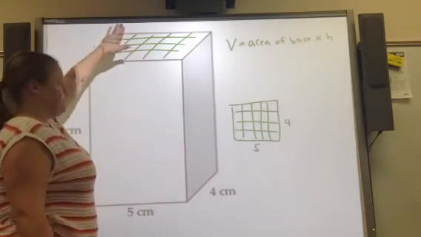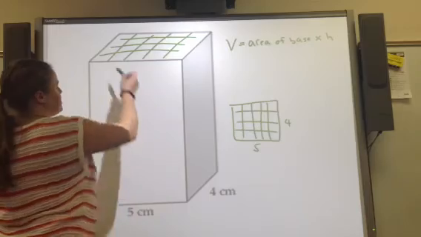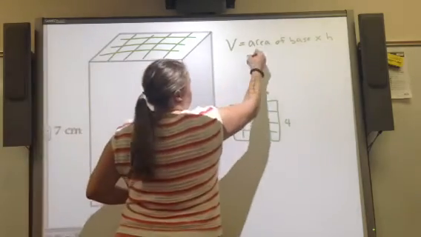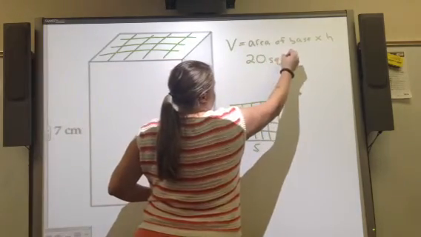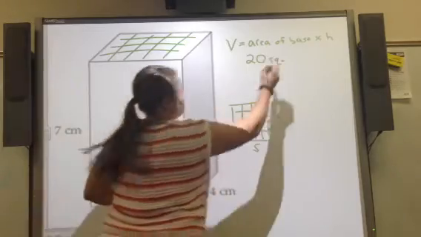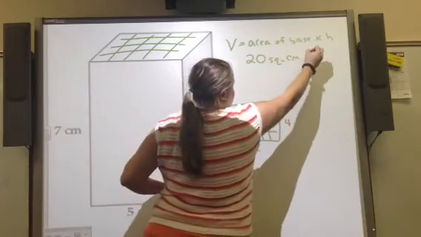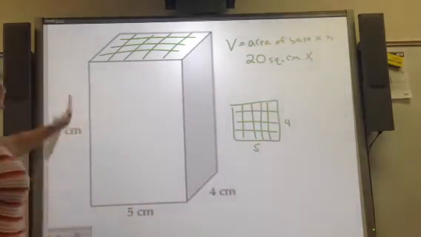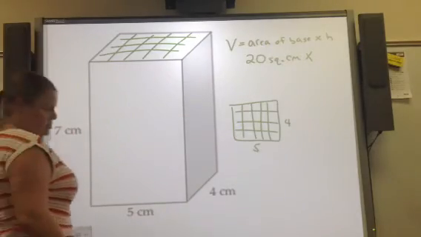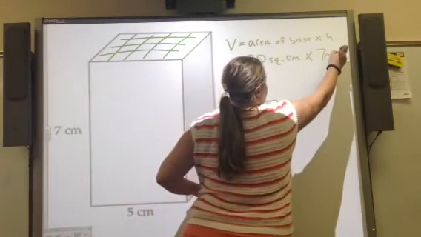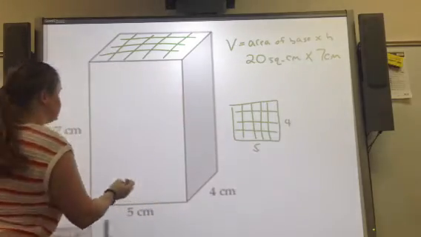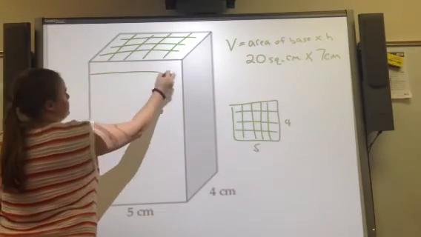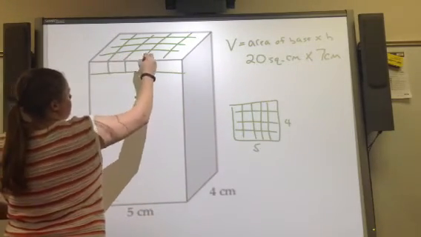So the area of our base for this figure is 20 square units, 20 square centimeters, times the height. The height of our unit is 7 centimeters. So that means that there are 7 layers. So that's the first layer right there.